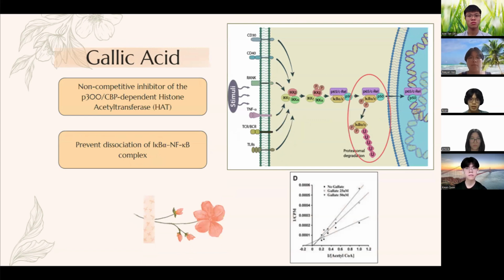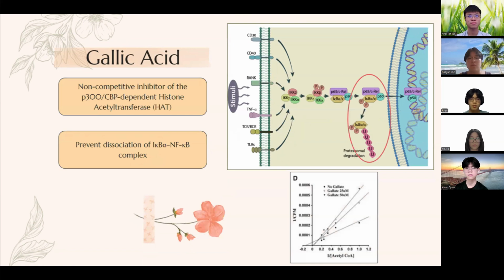However, gallic acid can act as a non-competitive inhibitor of the P300/CBP dependent histone acetyltransferase, thereby preventing P65 from undergoing acetylation and thus preventing its complex from dissociating.